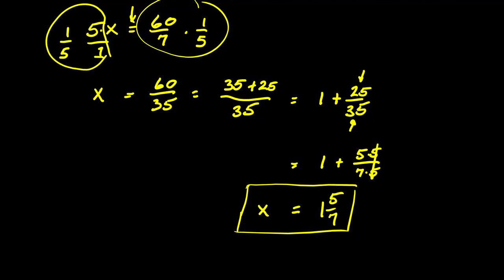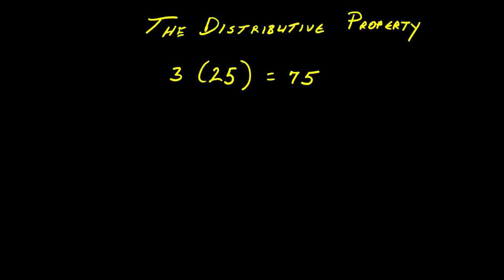Now we're going to go to the second technique. And before we start on the second technique, it's good if we review something called the distributive property. Here we have 3 times 25 equals 75. To demonstrate the distributive property, I'm going to break this 25 down into component numbers.